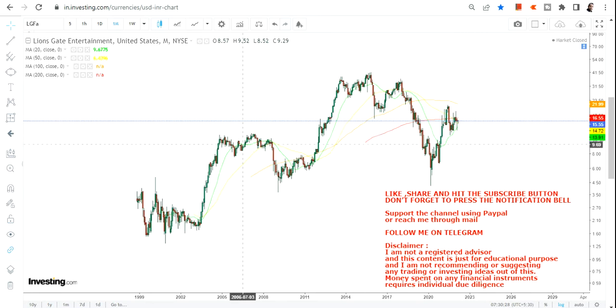And then again $15-16 right now. So as far as the absolute price movement is concerned, this is very minimal and has been trading in between a range. So let us discuss this strong chart of Lionsgate Entertainment.